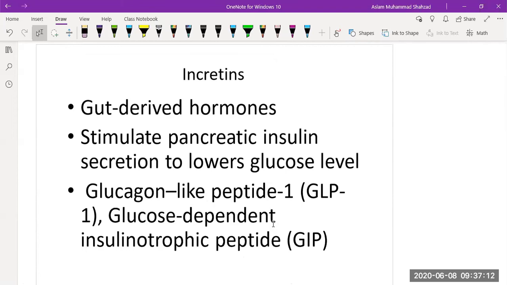So these drugs act on incretin, which is a gut-derived hormone, and it consists of GLP-1 and GIP, glucagon-like peptide and glucose-dependent insulinotropic peptide, because they are responsible for the production or stimulation of insulin. So they mention the name glucose-dependent insulinotropic. Tropic means the generation, the production. Wherever the word comes, tropic means the generation.